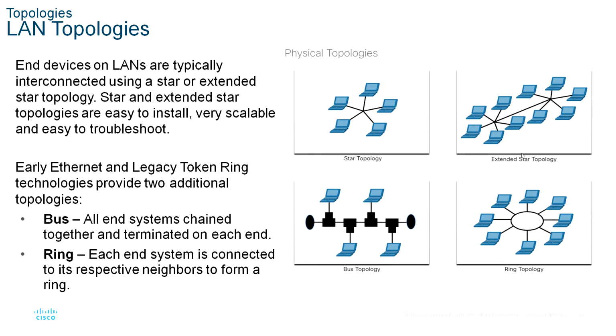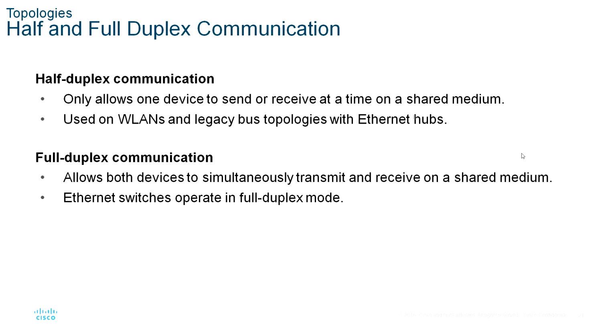Now you can see half and full duplex communication. Understanding duplex communication is important when discussing LAN topologies because it refers to the direction of data transmission between two devices. There are two common modes of duplex.